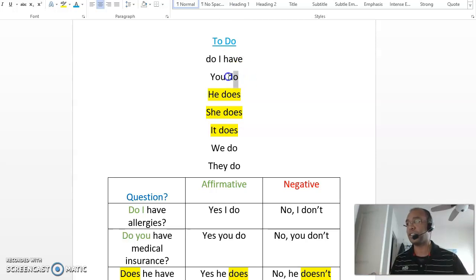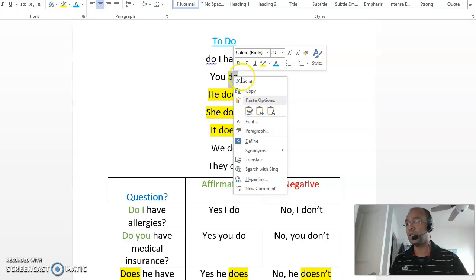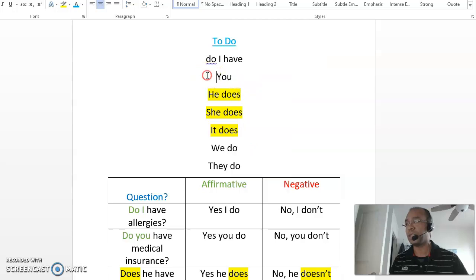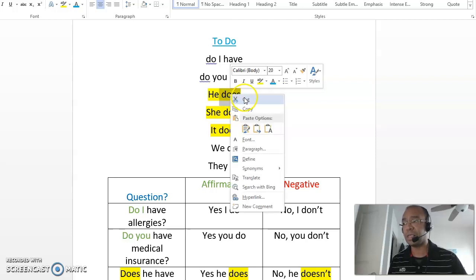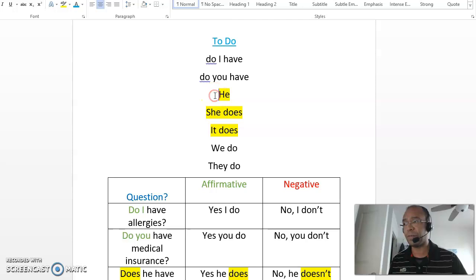When you ask a question, you bring the do here. Obviously, you make this not capital, and you put have here. Do you have? Now, he does. You take the does from here, you put it in front.